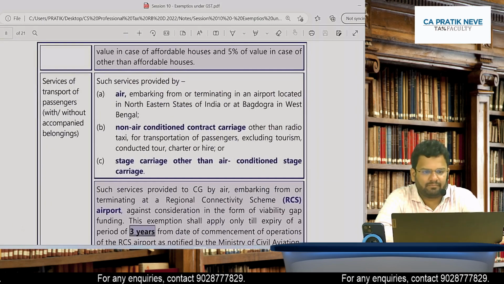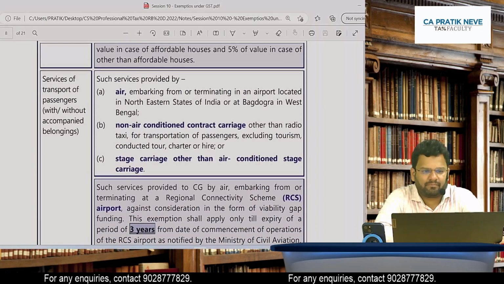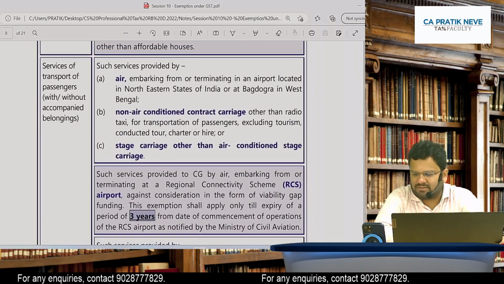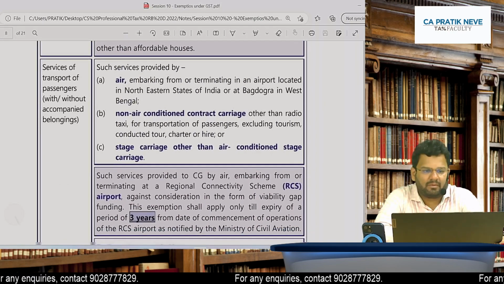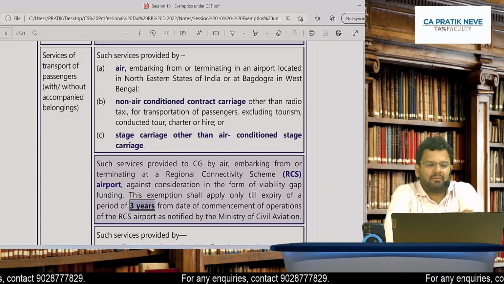Check this. Services of transportation of passengers with or without accompanied belongings.